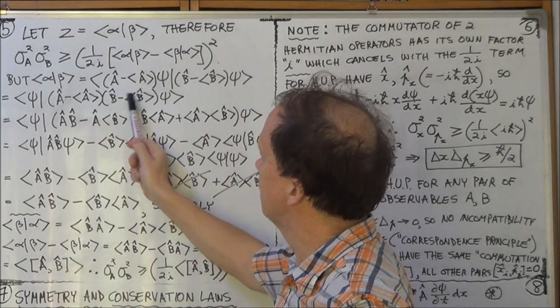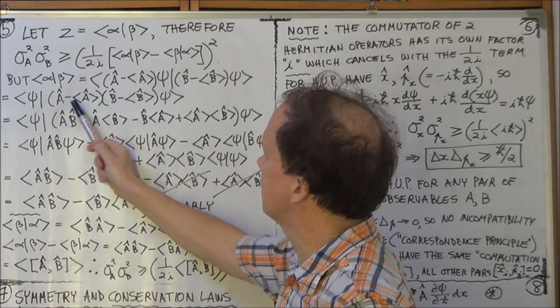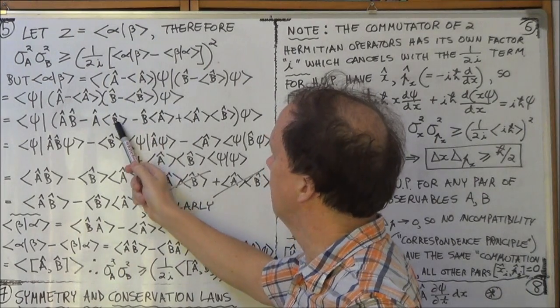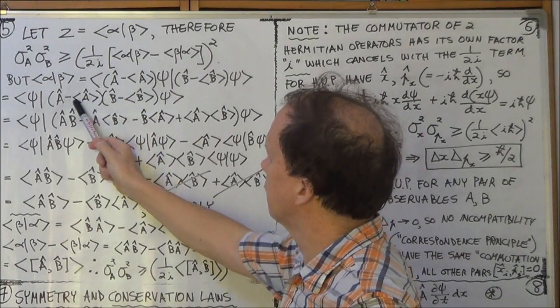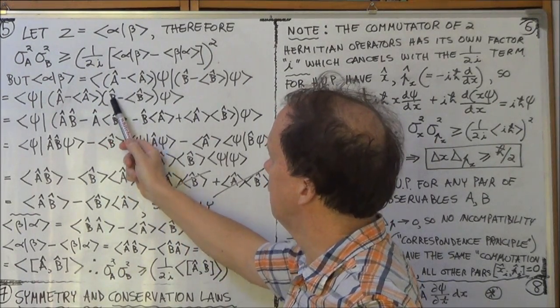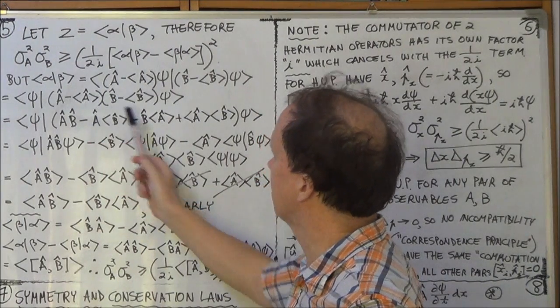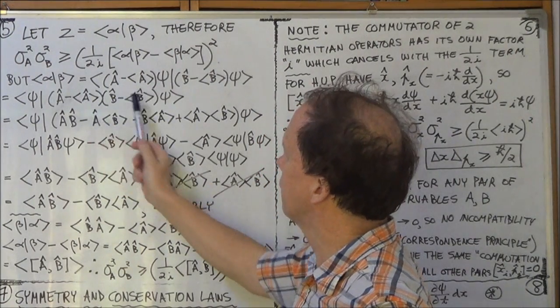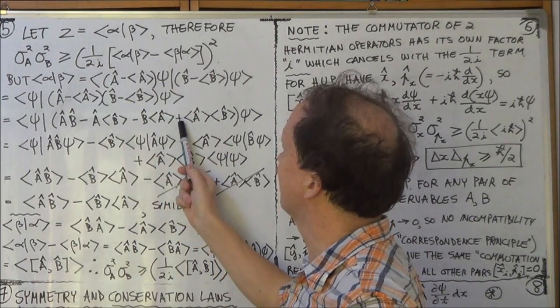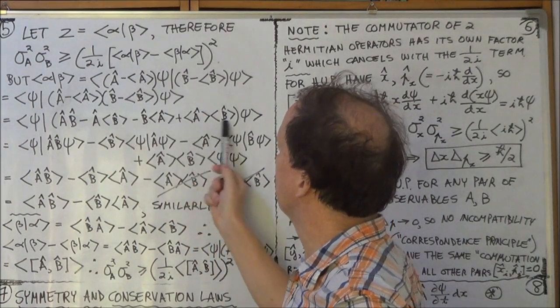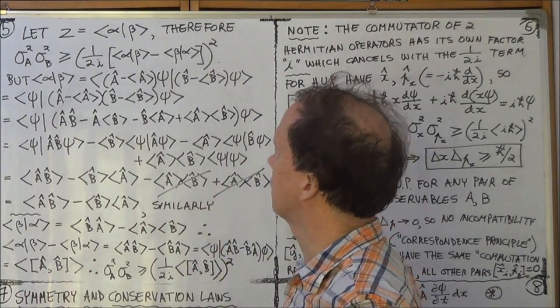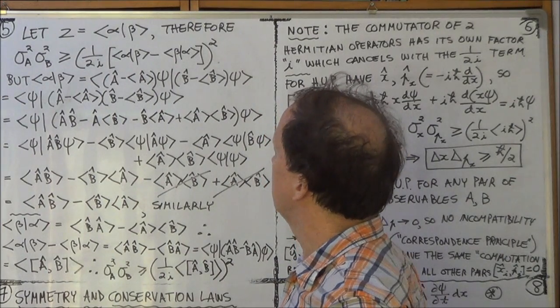You multiply these two, you get minus A hat average B. You multiply these terms, you get minus B hat average A. And then you multiply these terms, so minus minus plus average A average B. Okay, so these 4 terms.